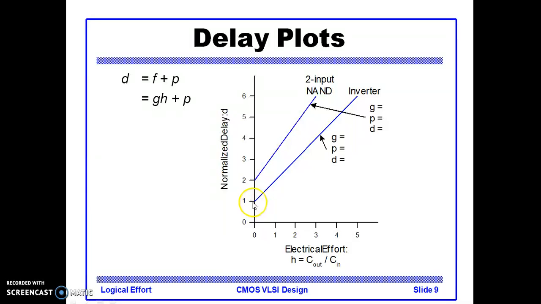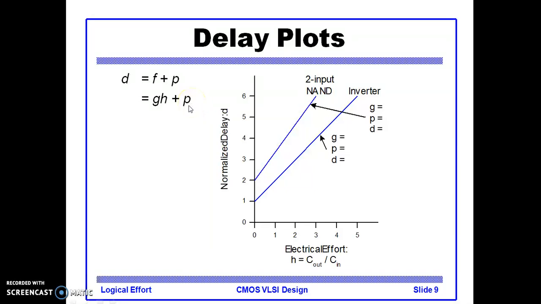So when there is no C out, that is when h is equal to 0, the normalized delay D is given by 1 for the inverter and it is 2 for the NAND gate. We know that when g into h becomes 0, because h is equal to 0, the delay is nothing but only p, the parasitic delay.